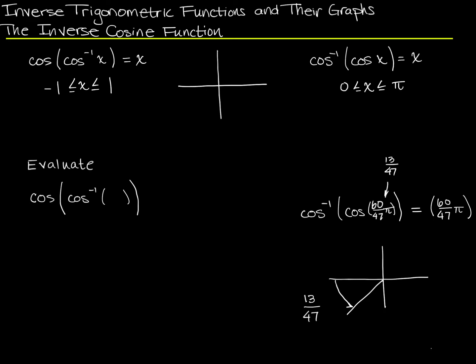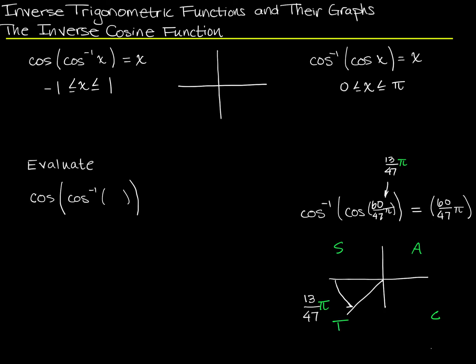Well, this angle right here is 13/47ths pi. Yes, I should put that on there too. And I also want to remember that all students take calculus, and so the cosine that I get when I take the cosine of this angle is going to end up being negative.